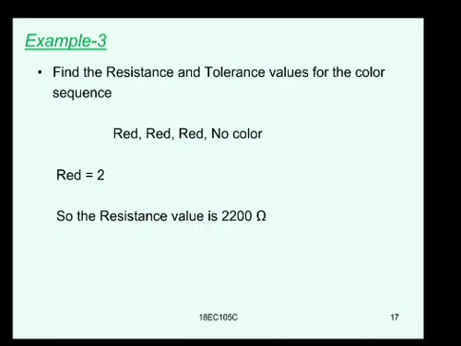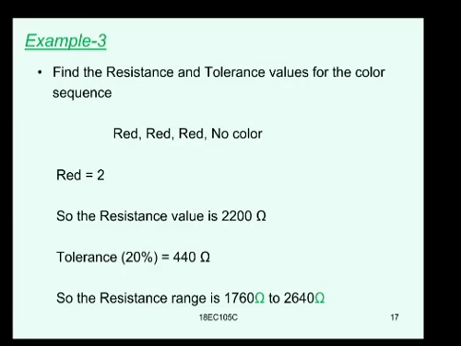Tolerance is, there is no color, that means it is 20%. So it is 440 ohms here. If you calculate the range of the resistor value, then it will be 1760 ohms to 2640 ohms.